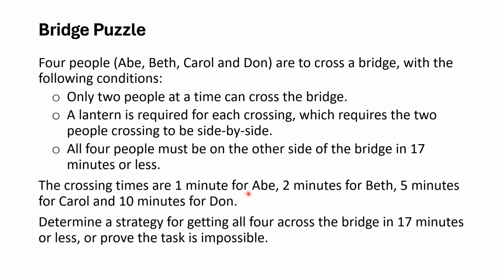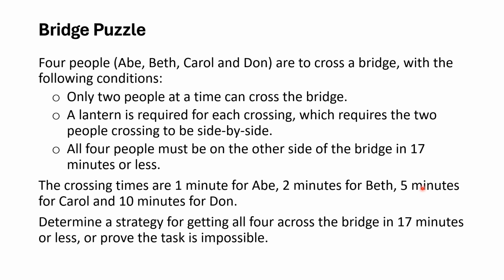So, for example, if Abe and Don cross, it's going to take 10 minutes for the 2 of them to cross together. And Abe could go back in 1 minute to the other side with the lantern, which is required for a crossing. And then he could take Carol. It would take 5 minutes to get the 2 of them across.